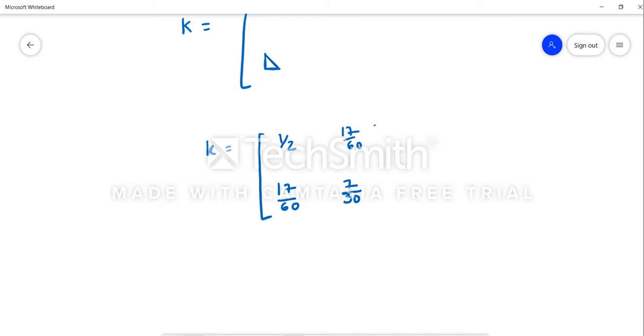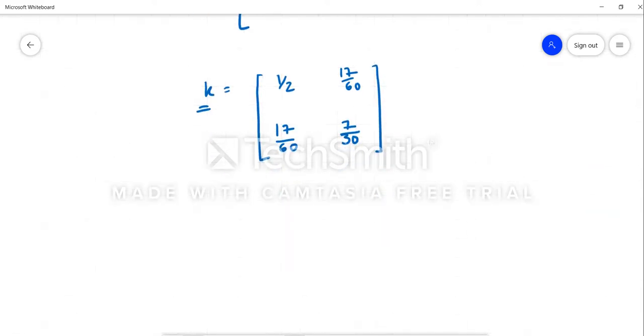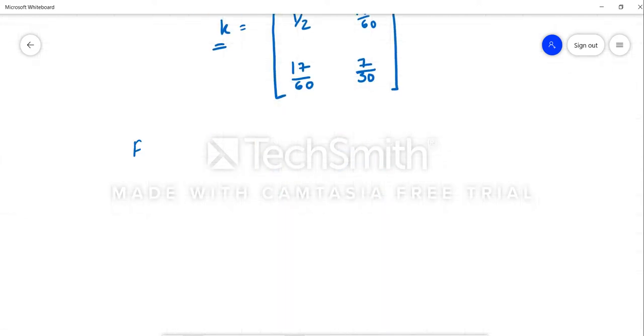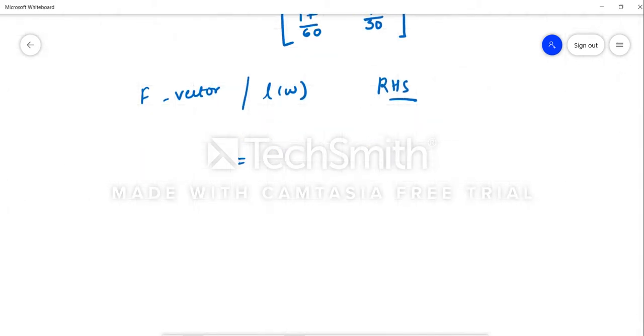Now we will find the f vector, or the linear function of w, which is the right hand side of the equation. So how will we solve it? The right hand side will look like this: integral from 0 to 1 of minus 1 plus x, d phi i over dx and d phi naught over dx.